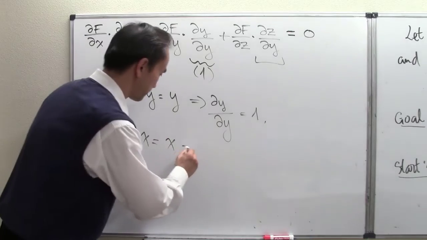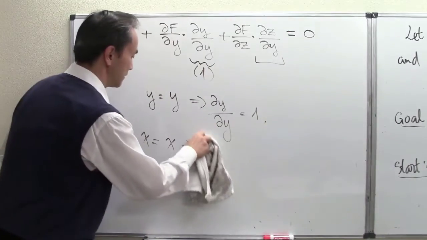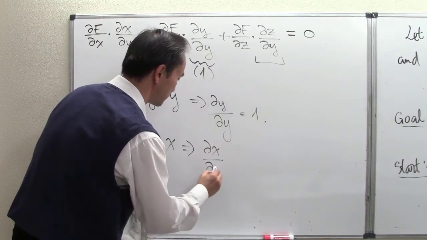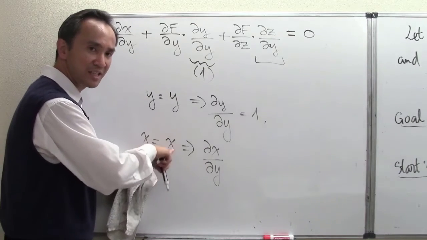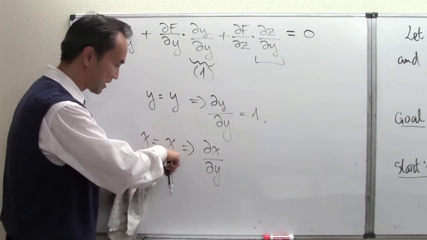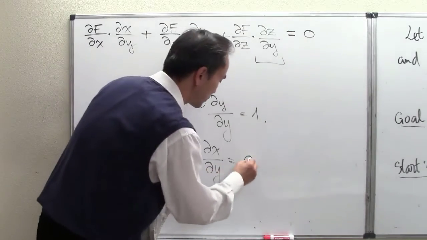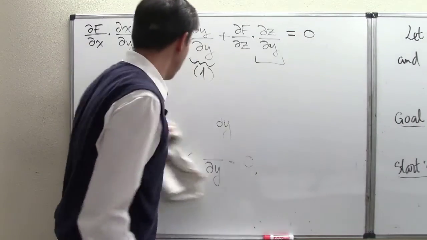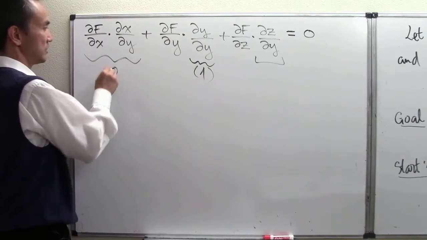And so finding the partial derivative of x with respect to y really forces us to treat x here only as a constant, because the variable y is not present in this function right here. So that means this derivative is 0. Okay, and so in that way, that term is 0.